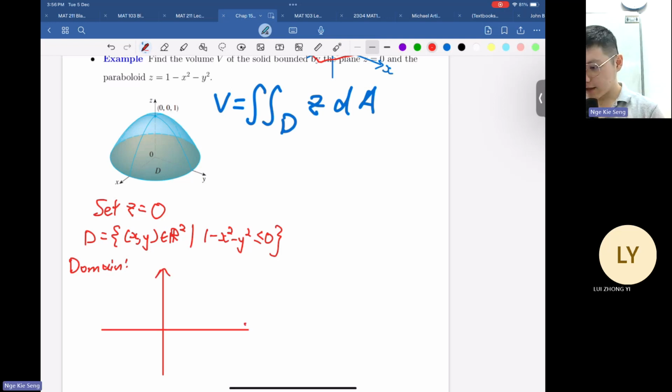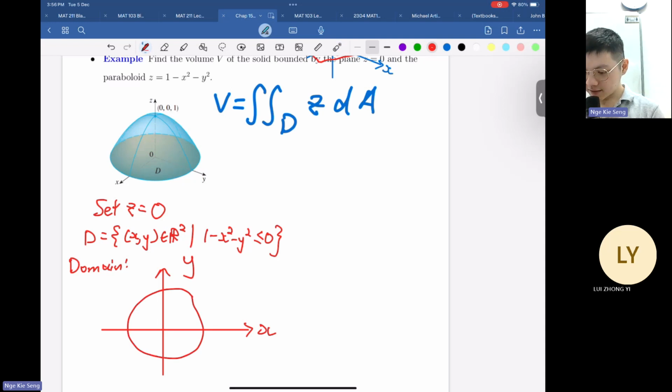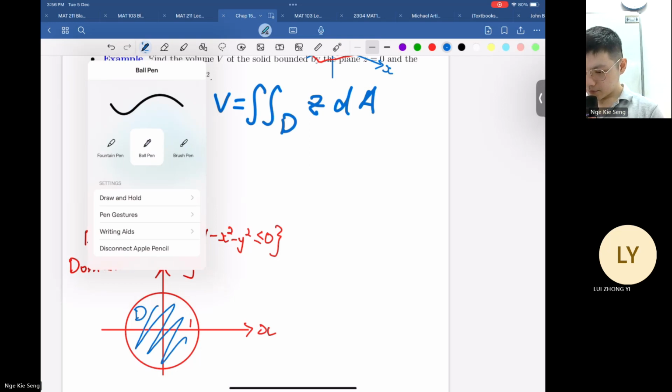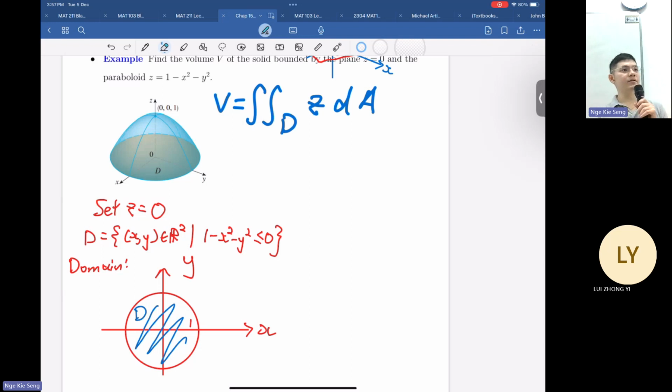I draw x and y, and then I have a circle centered at the origin with radius 1, and I include everything inside here. So this is my D. This is the domain picture here, so I got minus 1, 1, 1, minus 1 here.